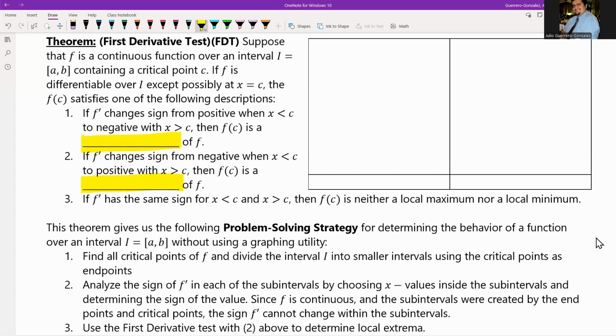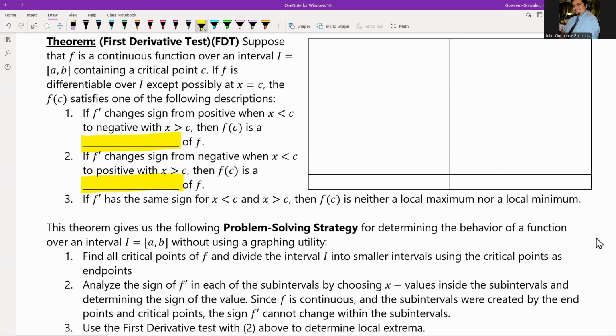Suppose that your f prime changes sign from positive to negative. So you have a critical value, and before the critical value your first derivative is positive, and after your critical value the values are negative.